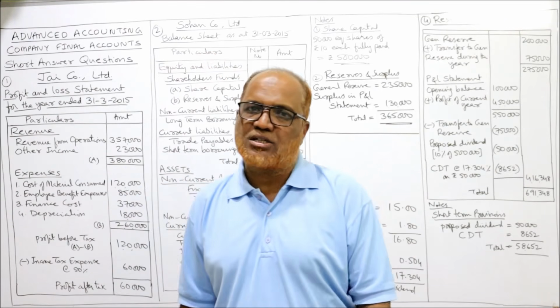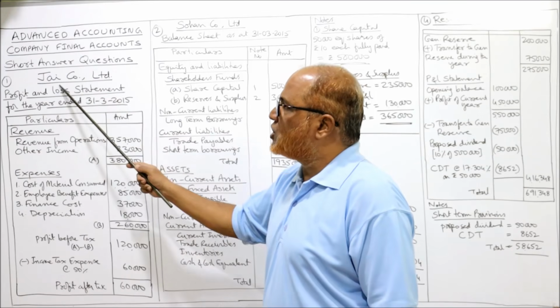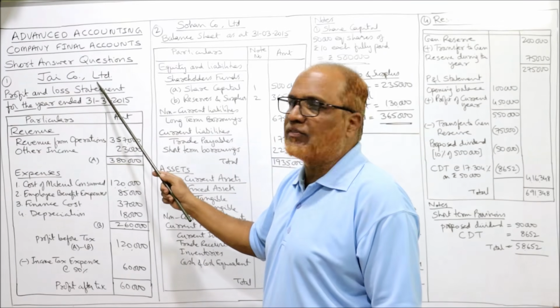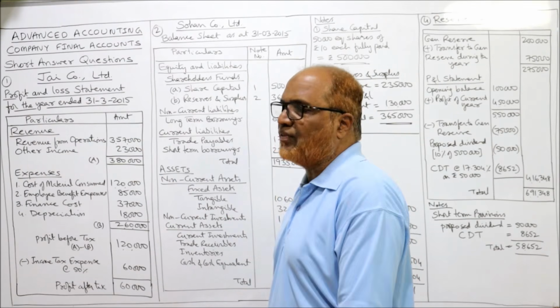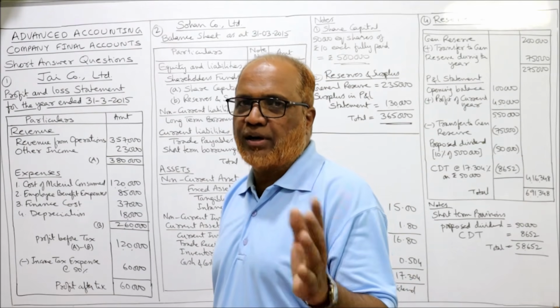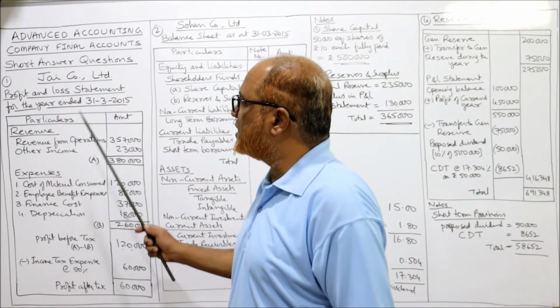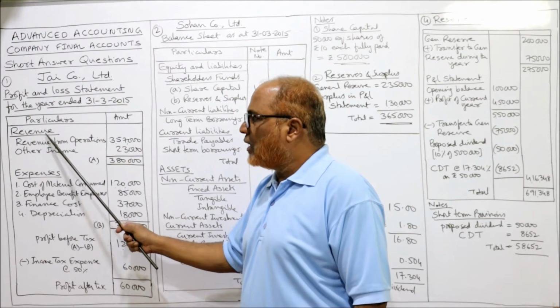According to the new format, the profit and loss statement is like this. For J Company Limited, first you write down the name of the company, profit and loss statement for the year ended 31st March 2015. Remember, it is not an account. It is not an account having a debit or credit side. Here it's a statement. So particulars, amount. First we take revenue and expenses.